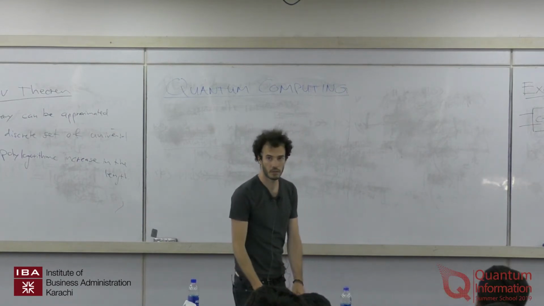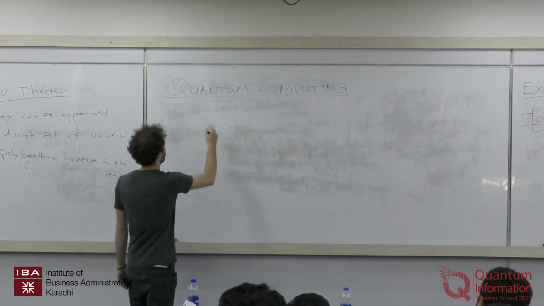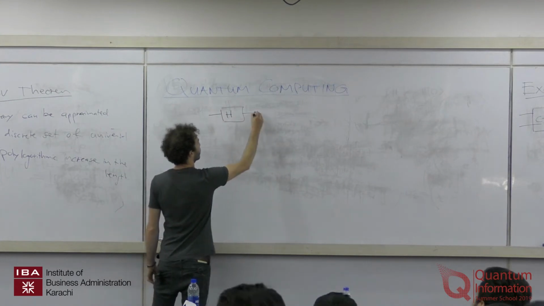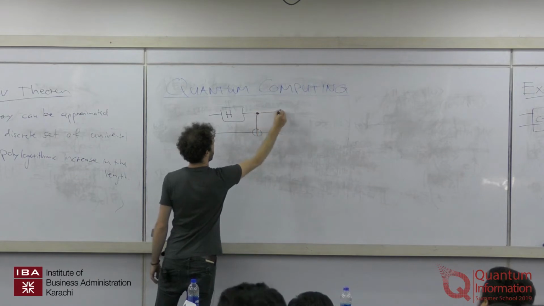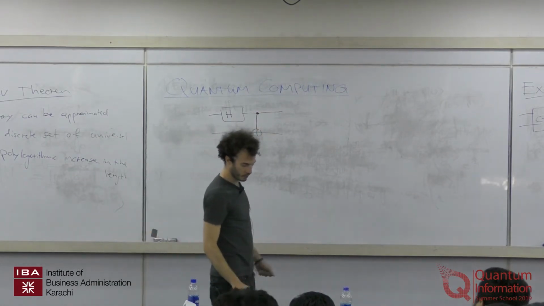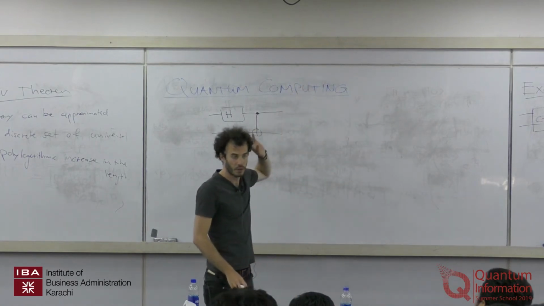We combine gates to construct a circuit. So for instance, we can do this, a Hadamard, and then we can do controlled NOT as an example. And this is a circuit. And we now want to talk about circuits and computing things.